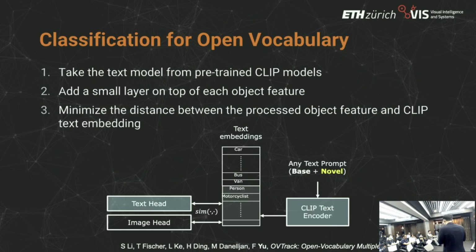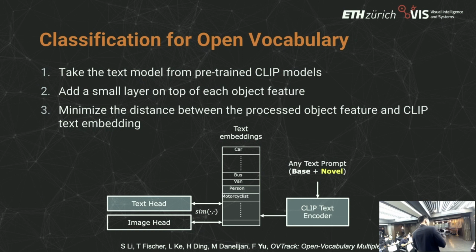For classification, we borrow the idea from open vocabulary classification and detection. We use the CLIP model to produce the text embedding for the categories that we are interested in, for both the seen and the unseen categories. We assume that we have a dictionary for all the categories, even though we do not have visual examples for those categories.